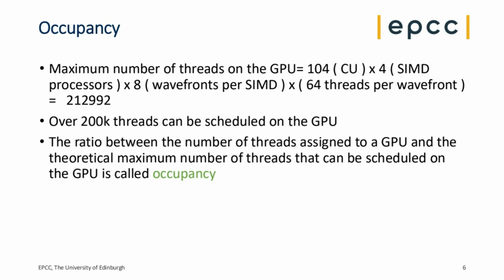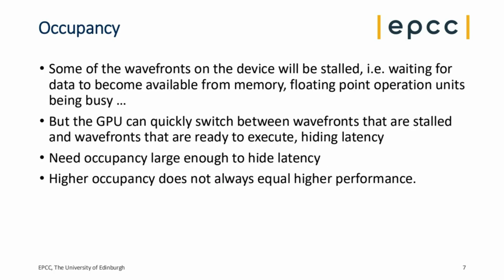And when we talk about occupancy, it's a ratio between the number of threads assigned to a GPU and the theoretical maximum number that could have been scheduled. Having this many wavefronts scheduled to run is useful, because a particular wavefront may be stalled.